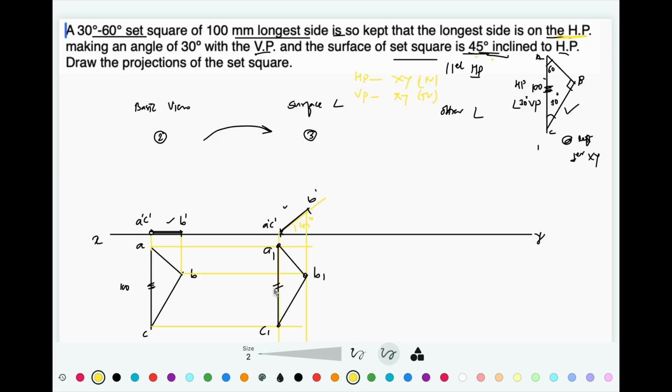Now this resting reference is 30 degree inclined to VP. Inclination with VP is going to be shown in the top view.